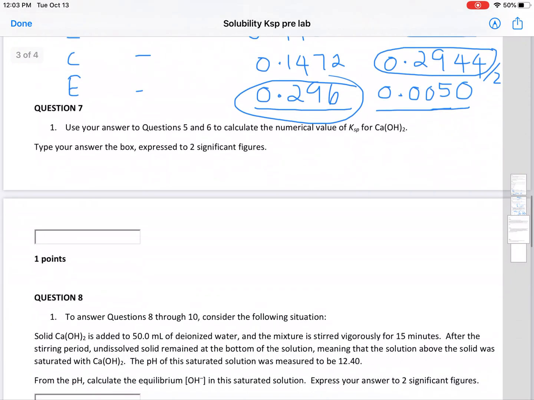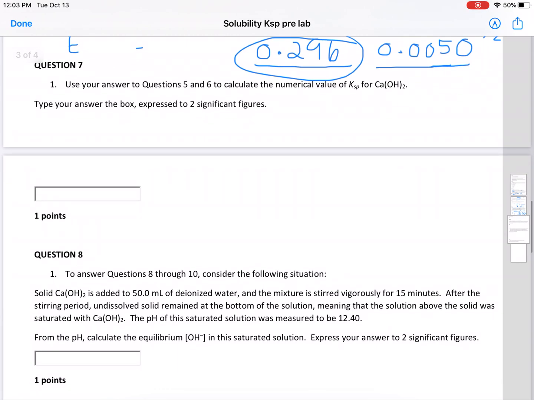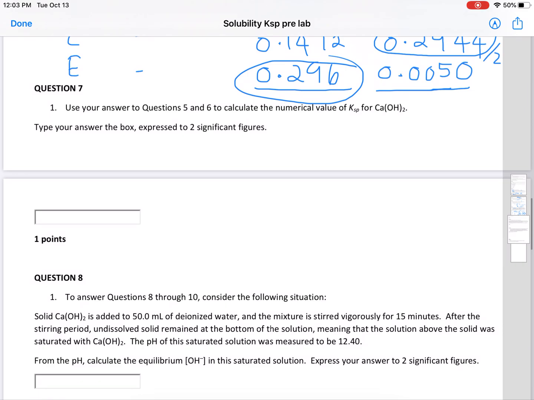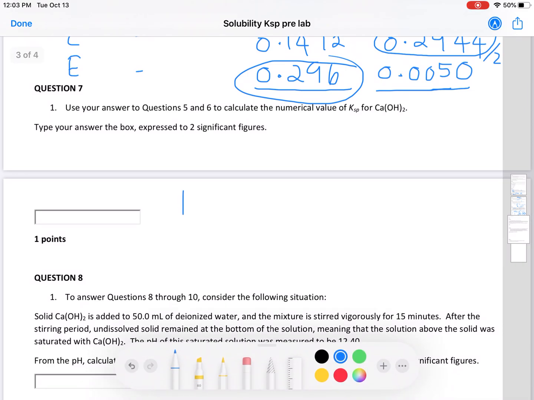Now the next question, use your answers to 5 and 6 to calculate the numerical value for Ksp for calcium hydroxide. Now the Ksp for calcium hydroxide would be calcium ion concentration times the hydroxide concentration raised to the power 2.